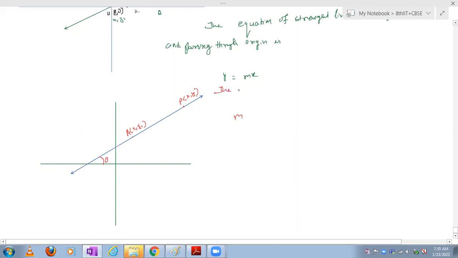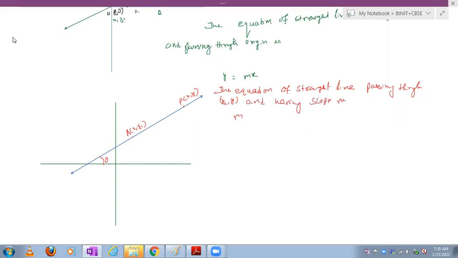The equation of straight line passing through x1, y1 and having slope m is called the slope point form of the equation.